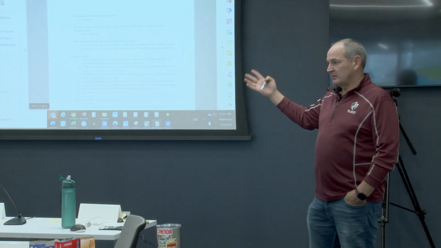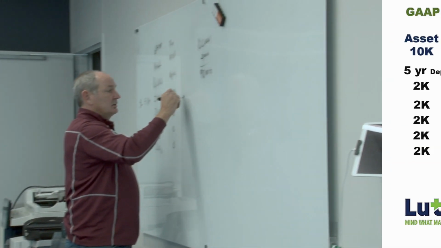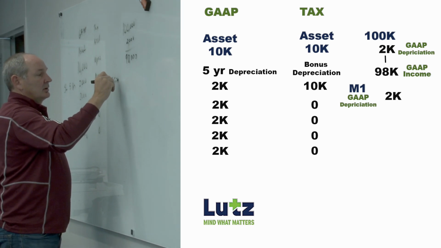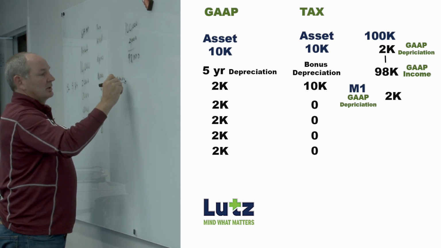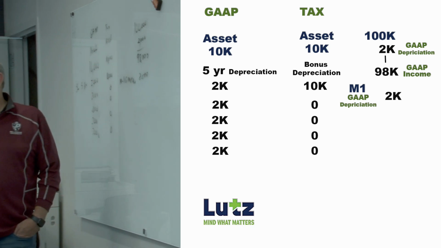So now we have to figure out, well, wait a minute. I have a tax accounting method, and I have a GAAP accounting method. Embedded in my $98,000 number is a GAAP accounting method for depreciation. You can do this one of two ways, okay? And I'm going to do it the long way for illustration purposes. I'm going to back out, take an M1 for GAAP depreciation, and I'm going to add back that $2,000 because I don't want it in that number anymore.